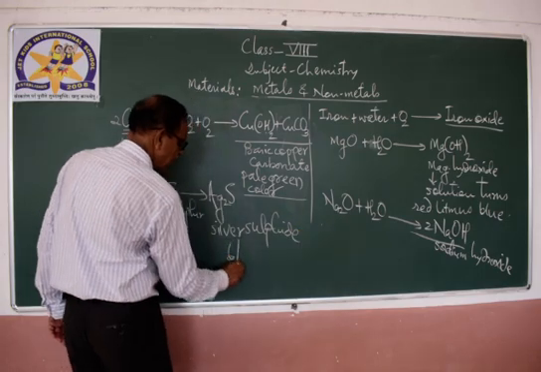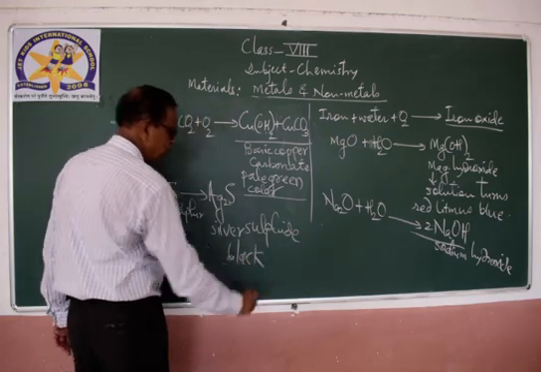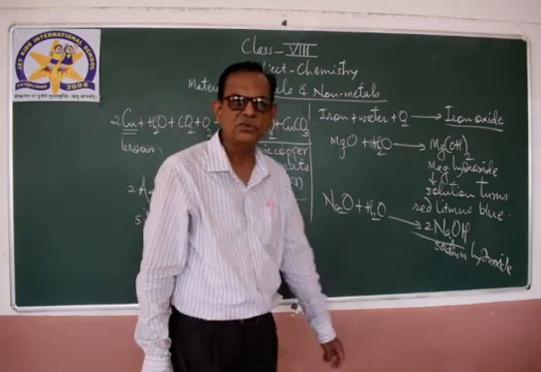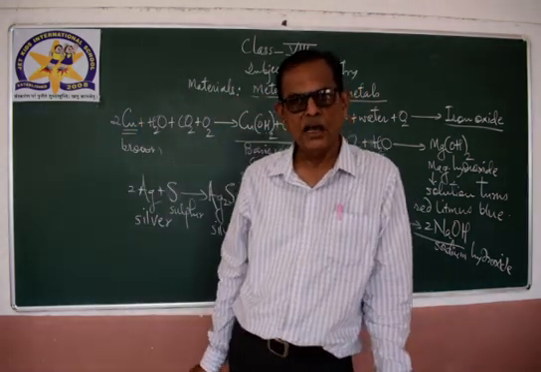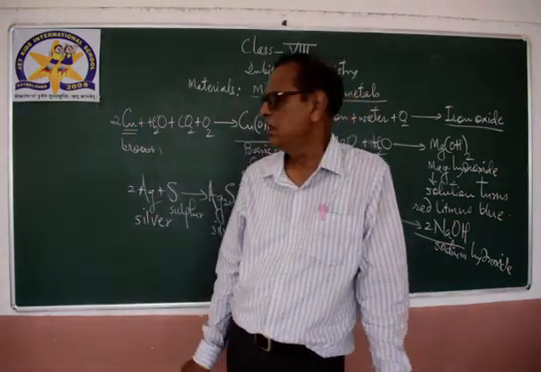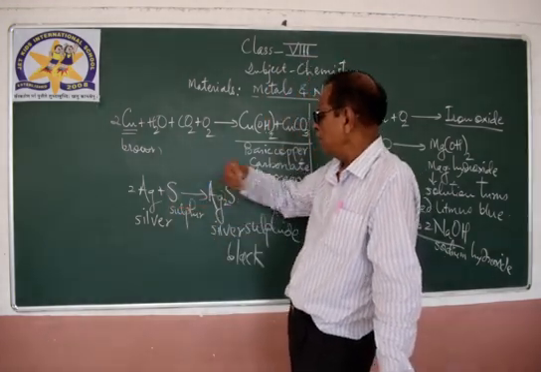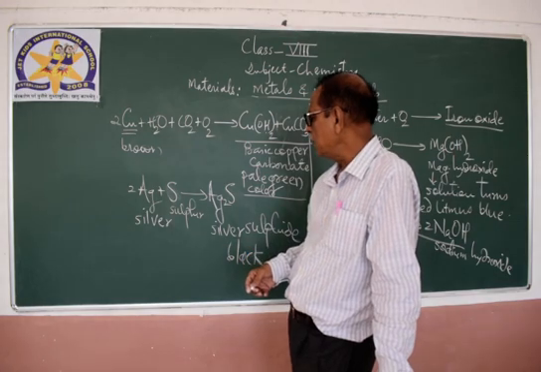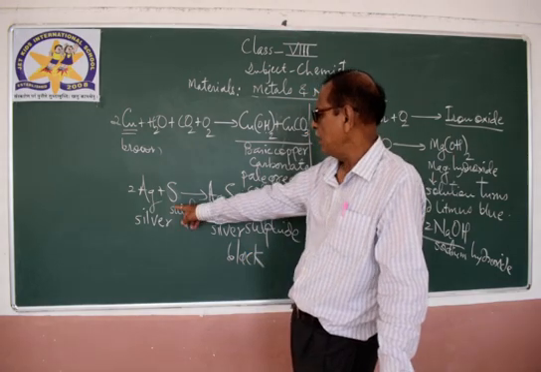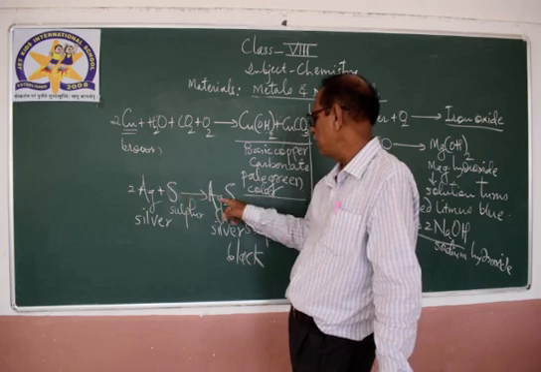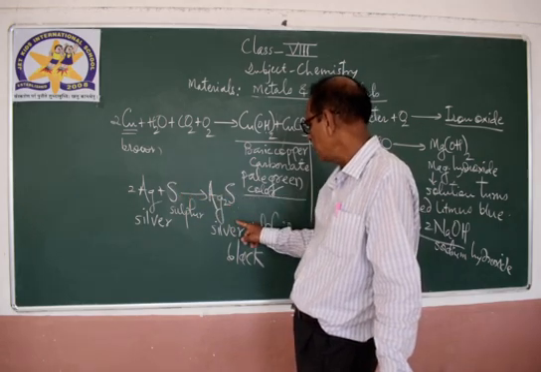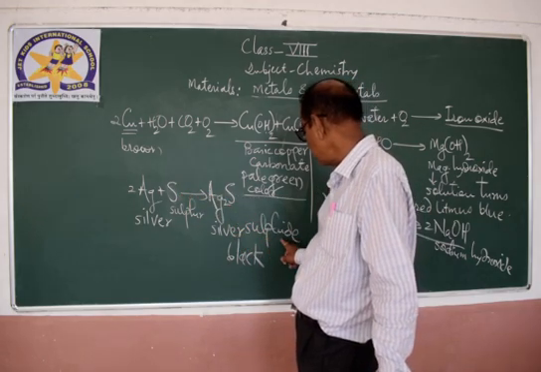So learn by heart these chemical reactions, and these chemical reactions will be helpful in the 10th standard. So silver, metallic silver, if used continuously, then it combines with the sulfur and forms black color silver sulfide.